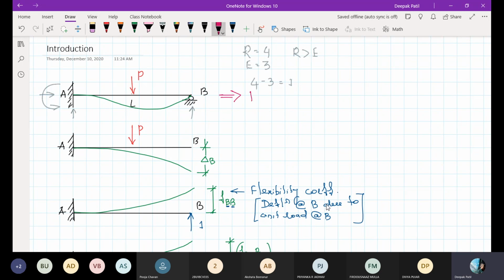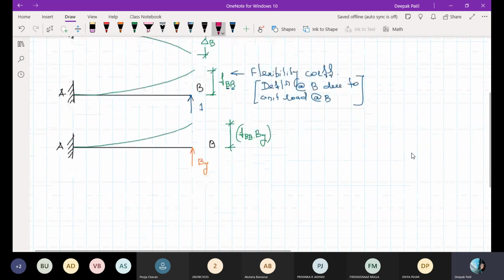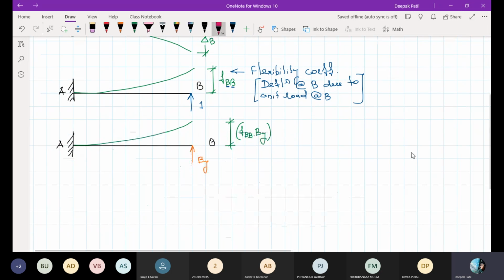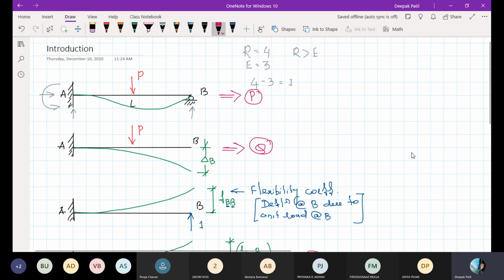Let me call this structure P, this structure Q, and at the end, this structure R. Now if you see P, Q, and R, let me just keep this on the other side so that it will be very easy for you to understand.